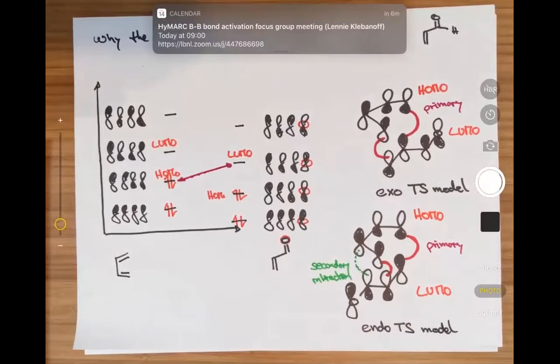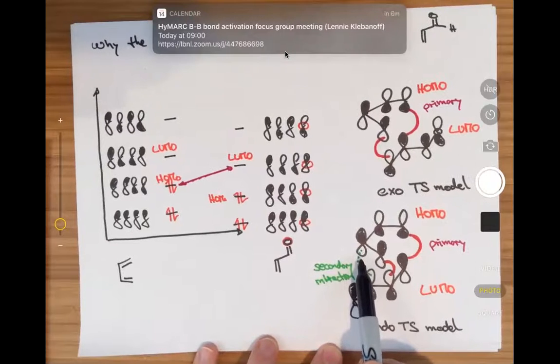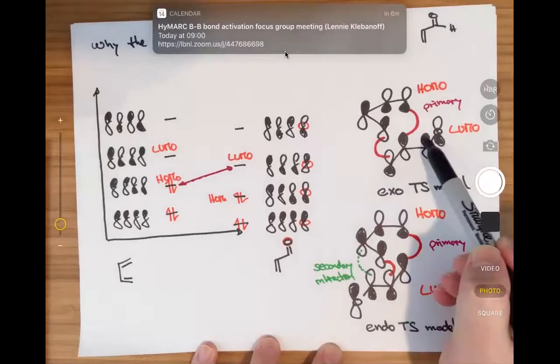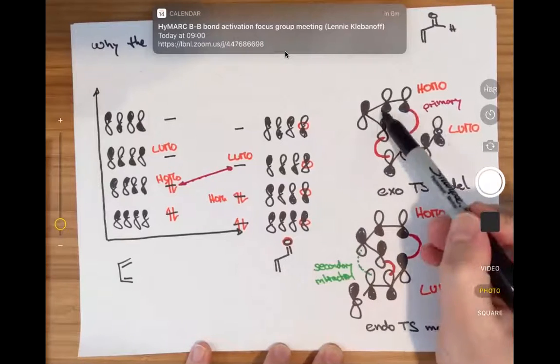So the reason that the endo transition state is favored kinetically is because you have the secondary interaction between the lobe here on the lowest unoccupied molecular orbital and this lobe here on the highest occupied molecular orbital that you can't form on this side of the system because this residue points away from this pi system.